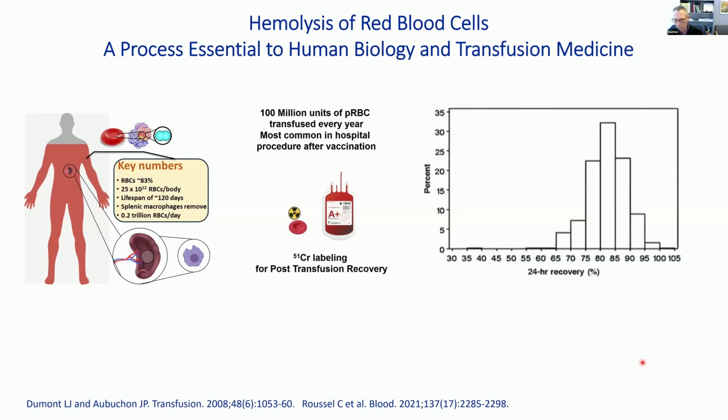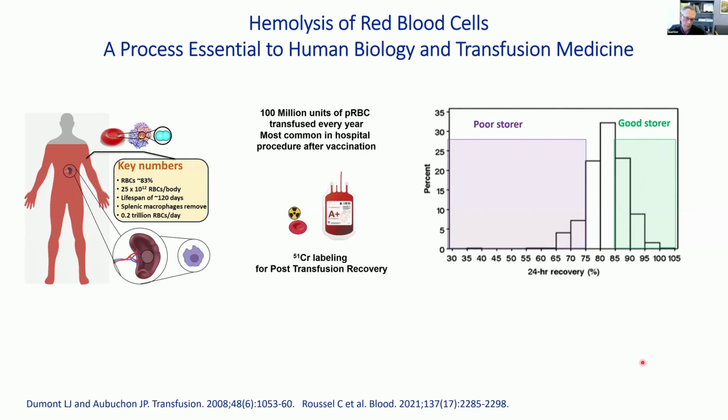And then the way we think about this is we have some donors that are good storers and some donors that are poor storers. Around this 75% allowable post-transfusion recovery, we have people who have their red cells circulate for a longer period of time, and they can be recovered over a longer period of time.